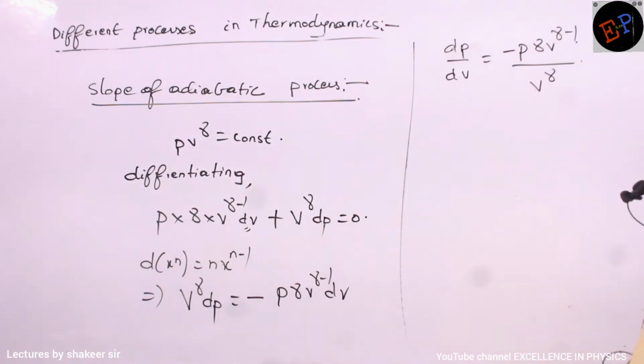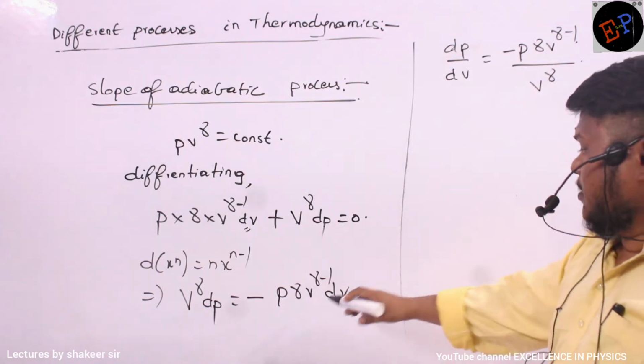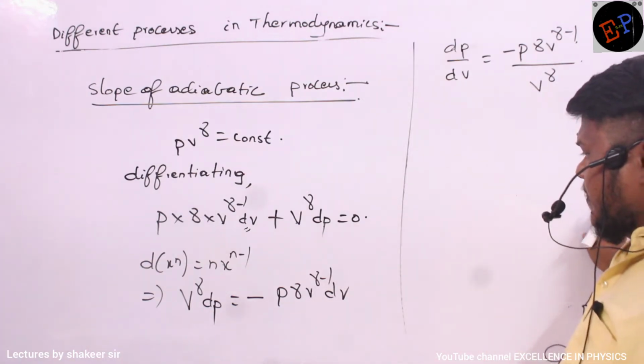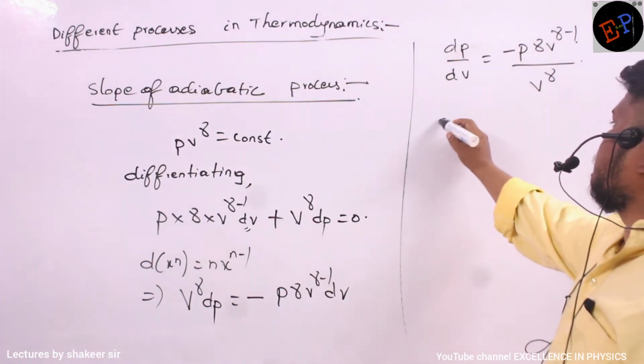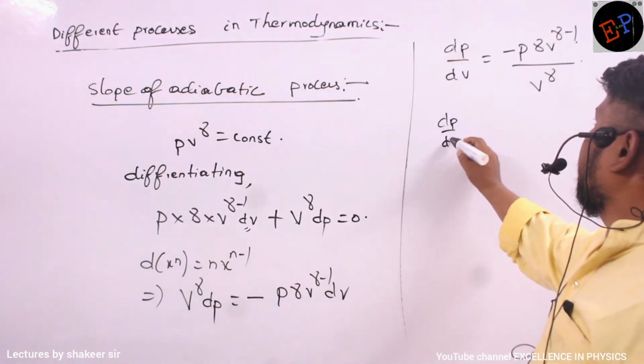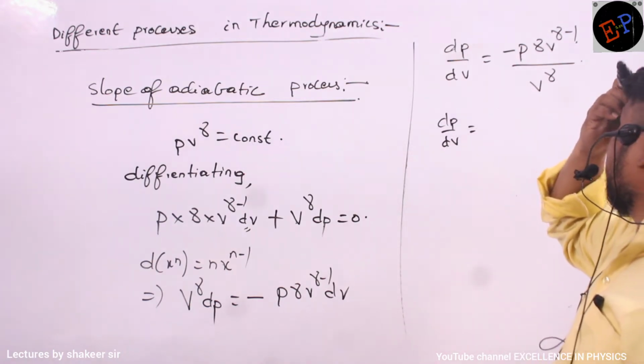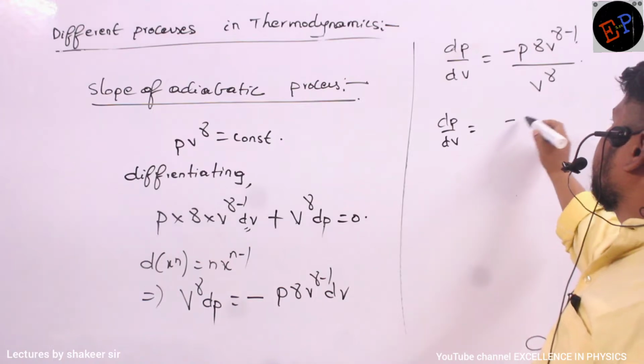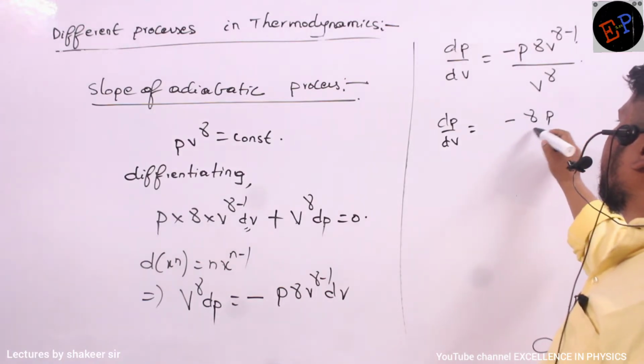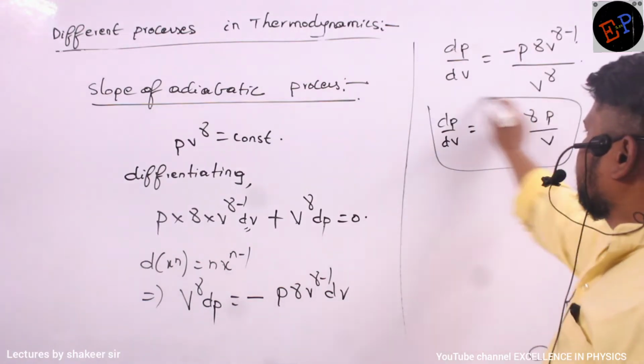Is it correct? Correct only. So therefore dP divided by dV is equal to minus gamma P by V. This is the relation.